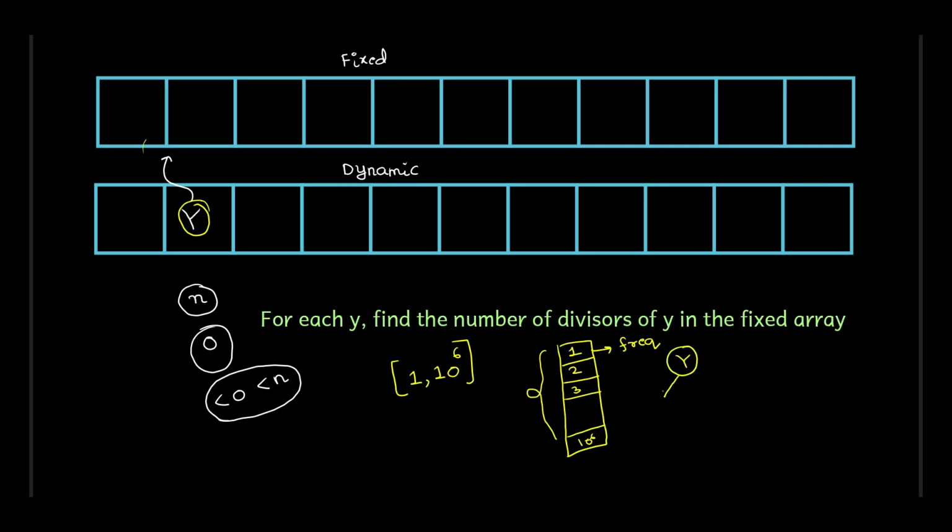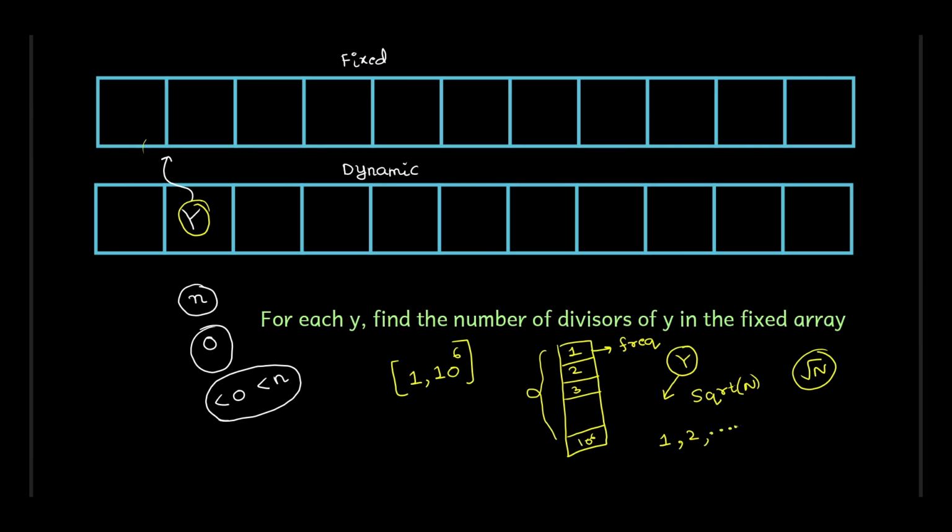And for that you have a square root algorithm that works in square root of n, wherein you do a brute force and check all the divisors up to n.